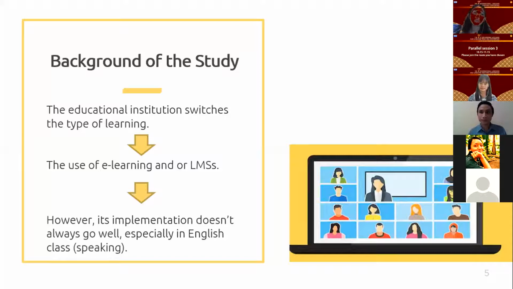Previously, we used the conventional one where the teachers and the students had face-to-face meetings. But during this pandemic, teachers, school institutions, and the students use e-learning or LMS such as Zoom, WhatsApp group, Google Classroom, Schoology, and so on. However, its implementation doesn't always go well, especially in English class or speaking skills.